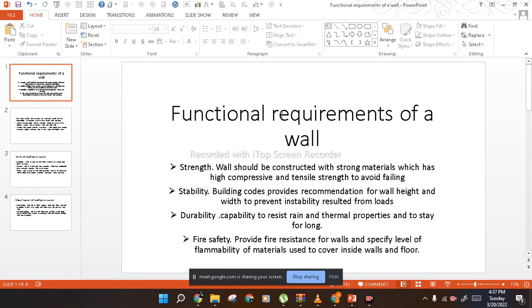Roy? Okay, I can say safety. Yes. We provide fire resistant walls. Yes. And specify levels of flammability of materials used to cover inside walls and floor. Okay. Am I correct? Yeah, very correct. Thank you.